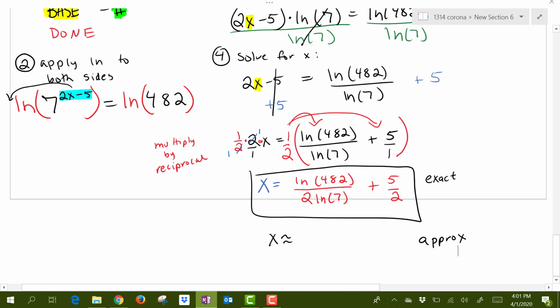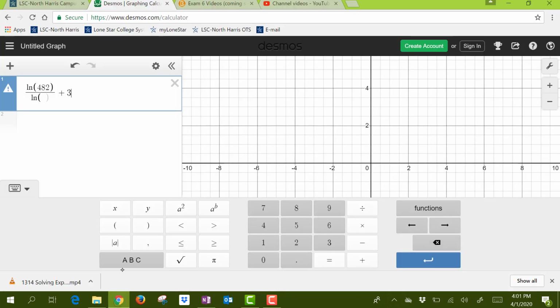Was it 2 times natural log of 7? Just going to put my cursor in front of that natural log and put a 2 there. I believe that was 5 over 2, so plus 5 divided by 2. Alright, so I get about 4.09 if I round to the nearest 2 decimal places. So 4.09 looks like that is our approximation.